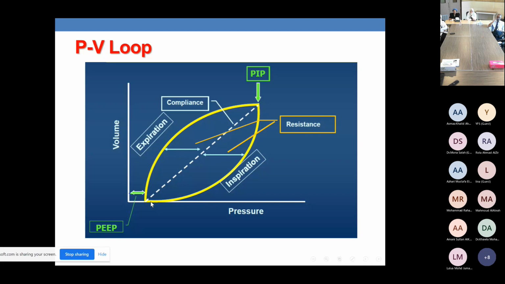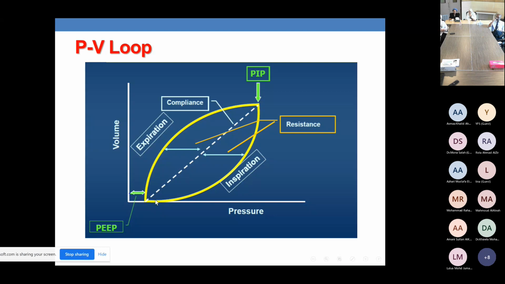Here you give pressure, increase, and still there is no volume. Still, you didn't inflate the lung. Till a time you start to open, so a little bit of pressure will generate large volume. So this is called the critical opening pressure. So you need to increase the pressure till you reach this critical opening pressure.